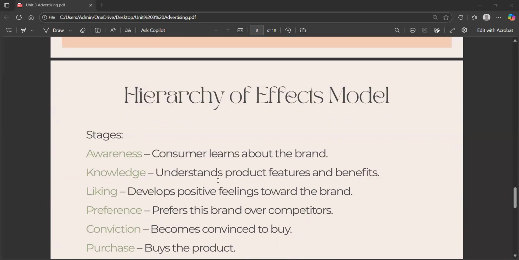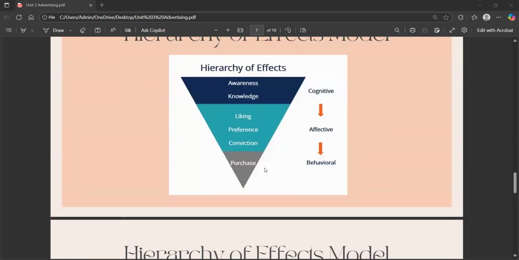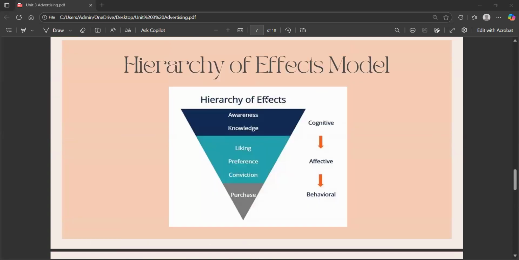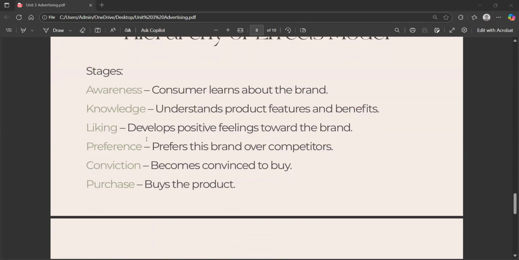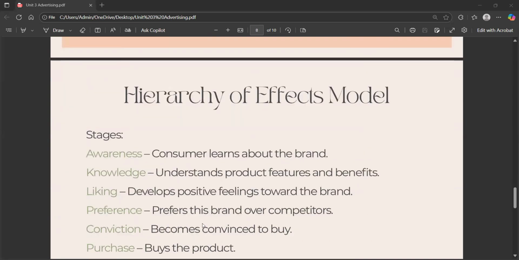Then the second one is knowledge, in which consumers understand product features and benefits. So in the knowledge phase, the consumer understands the product features and gets some basic knowledge about the product. So these two are correlated, awareness and knowledge. That is why they are in the blue segment. Then comes liking. Gradually the consumer develops positive feelings towards the brand. Then preferences.